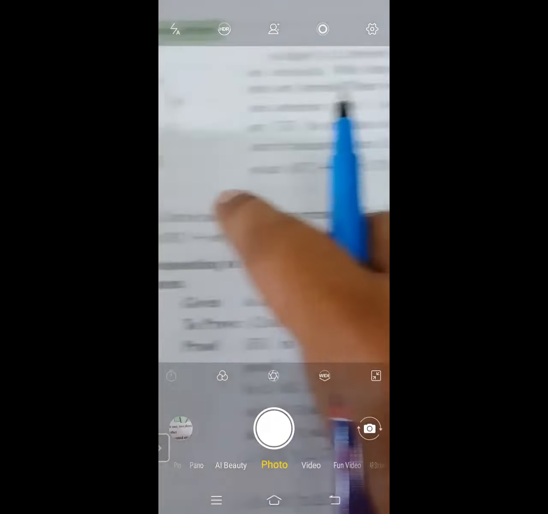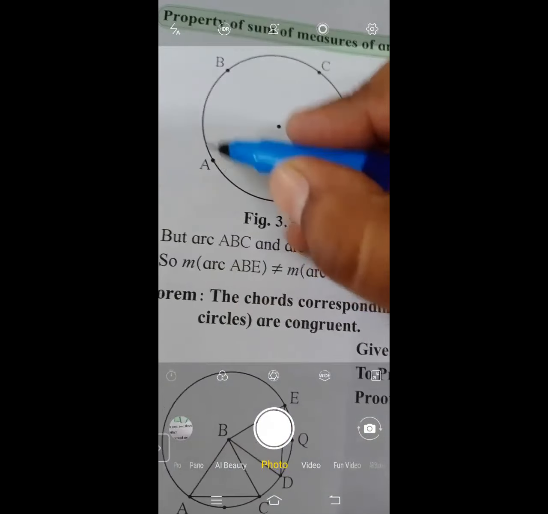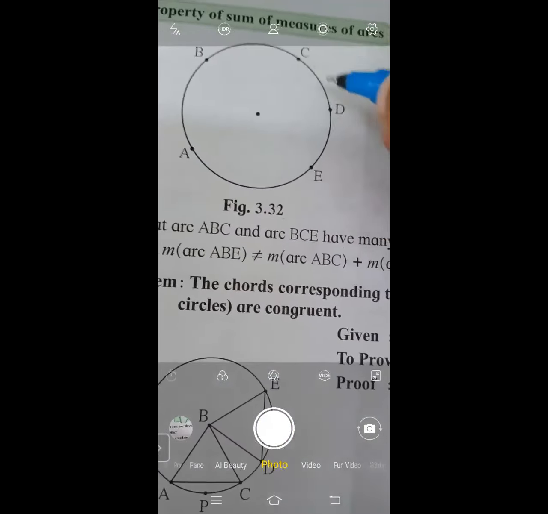With these points, many arcs are formed. There is one and only one common point C to the arc ABC and CDE. This is the arc ABC and this is the arc CDE.